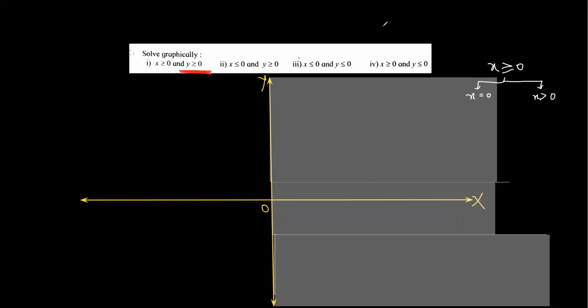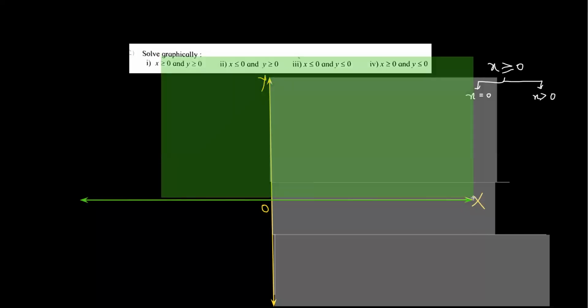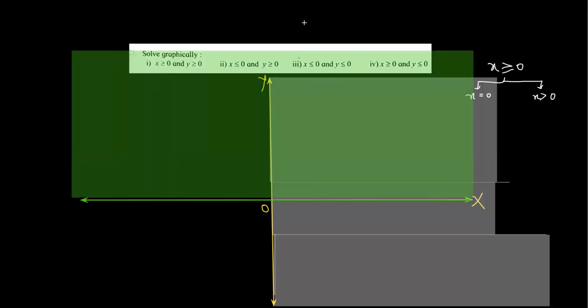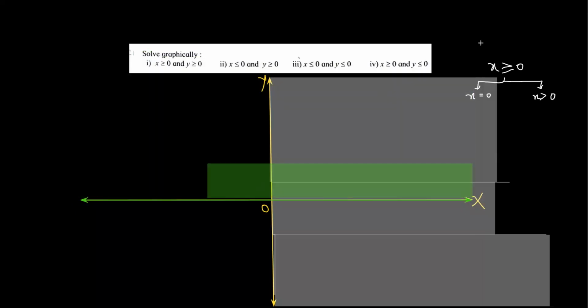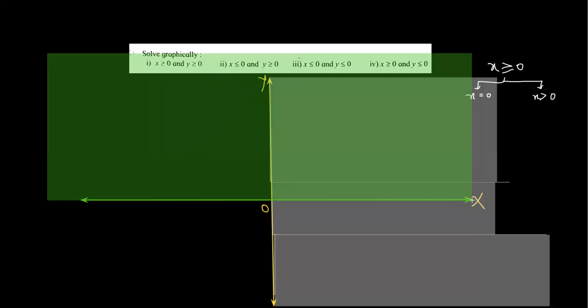Those points are here. y equal to 0 is on the x-axis, and y greater than 0 is all the points above the x-axis.